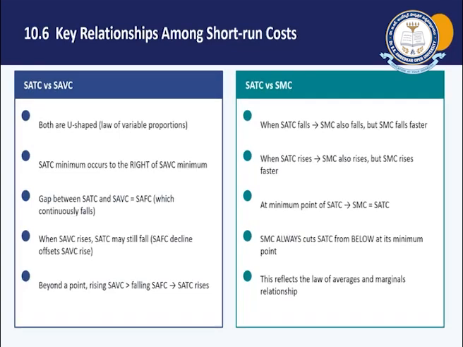These are very important and applied points, whenever you are appearing for competitive exams or when it is asked in an exam. At the minimum point of SATC, short run marginal cost equals average total cost. This reflects the law of averages and marginals relationships.